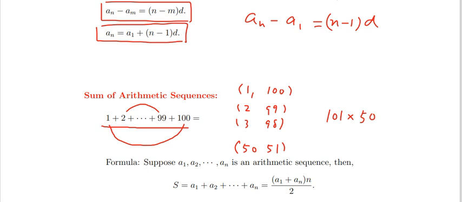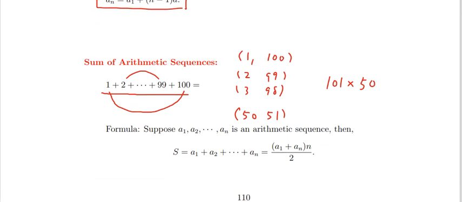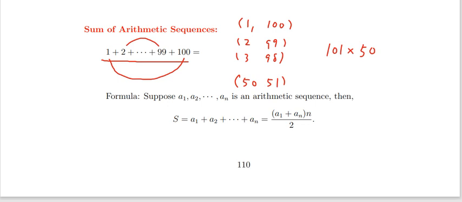So in general, we can give the formula. The sum equals a1 plus an, divided by 2, then multiplied by n.